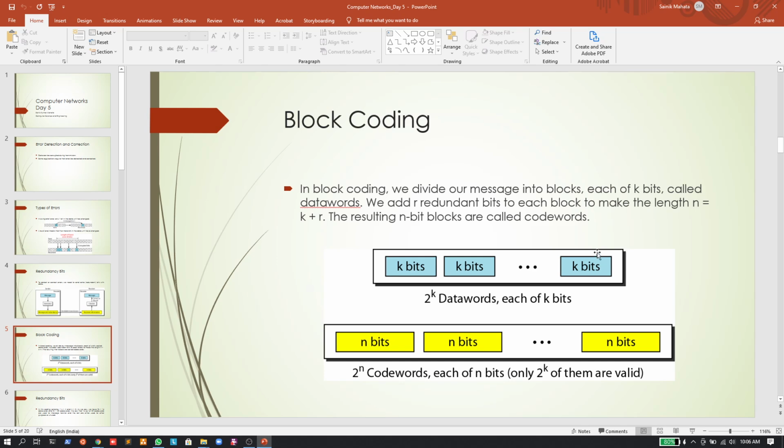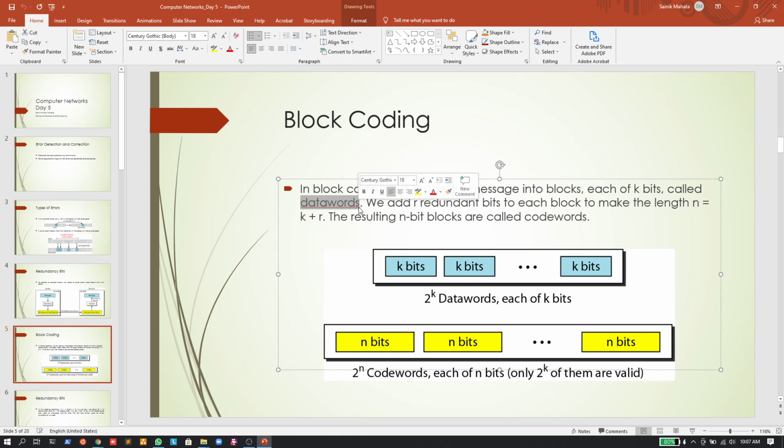In the first picture, we can see that the whole message is now divided into blocks of data, and all these blocks contain k bits of data. All these blocks are known as data words. These words are very important because we will use them in the later half of the slide.